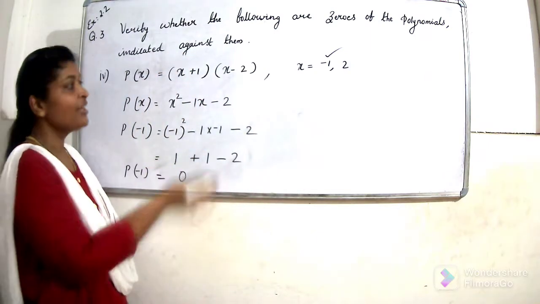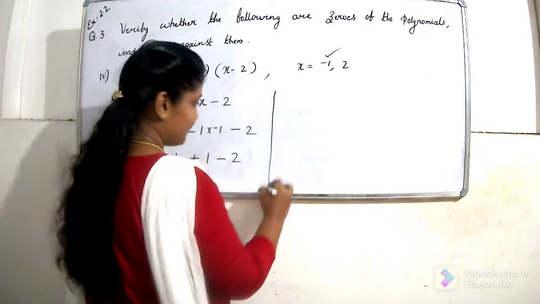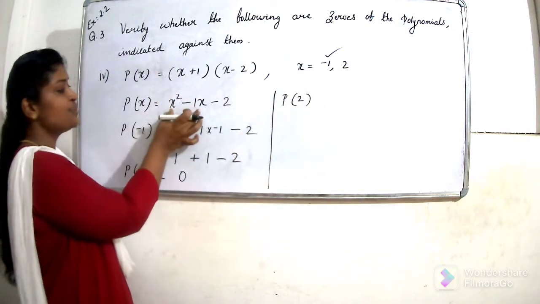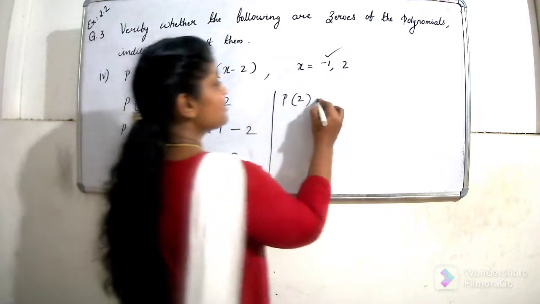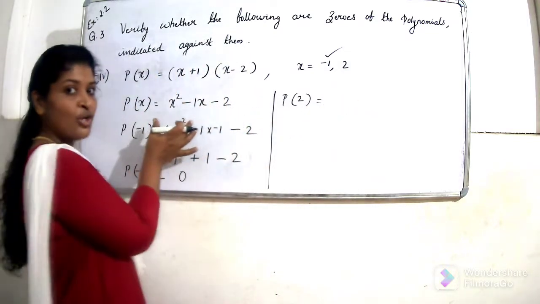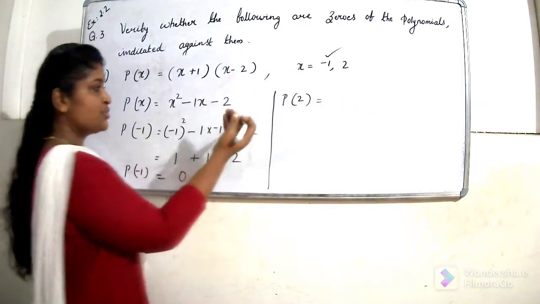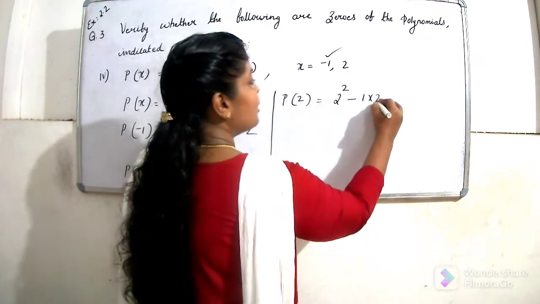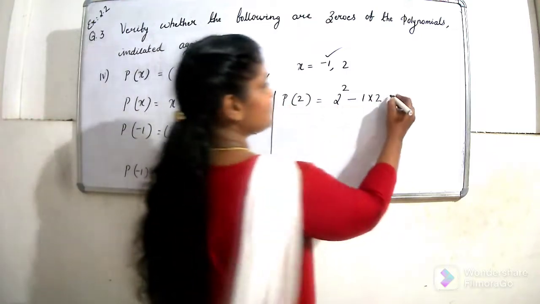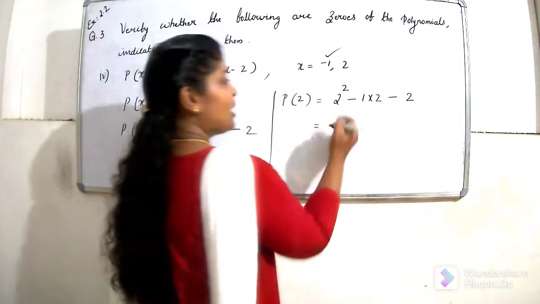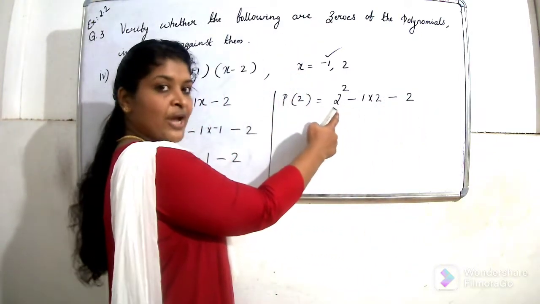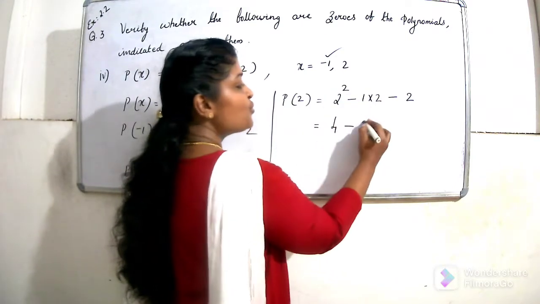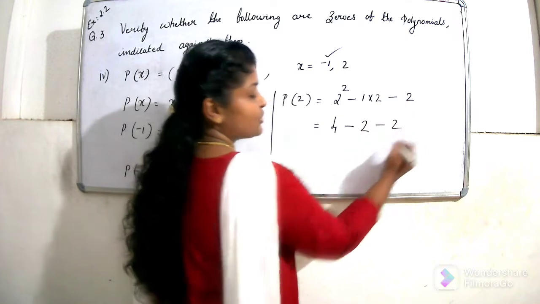Now we have to check the second value, p of 2. In which polynomial do we have to substitute? This polynomial. So here the polynomial is already here, so I am directly doing the substitution. 2 square minus 1 into 2 minus 2. Substitution is over. Now calculation: 2 square is 4, minus 1 into 2, that is minus 2, and this minus 2.